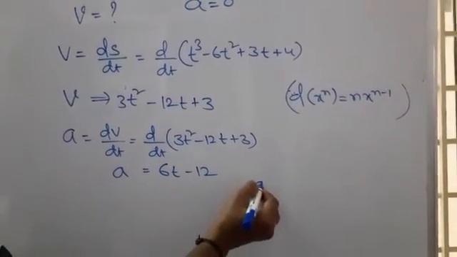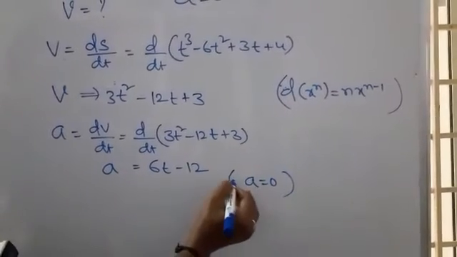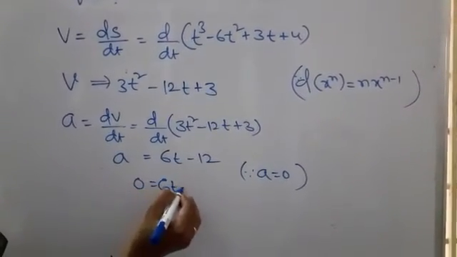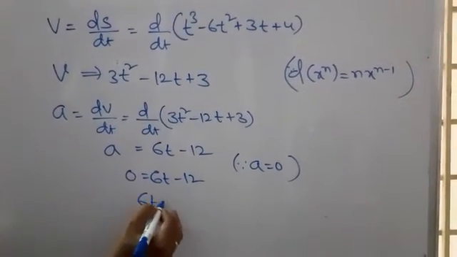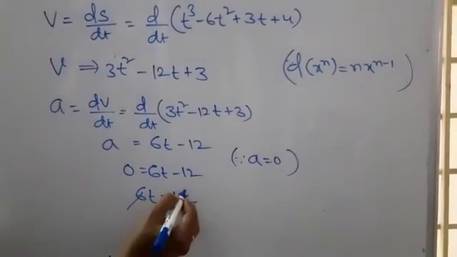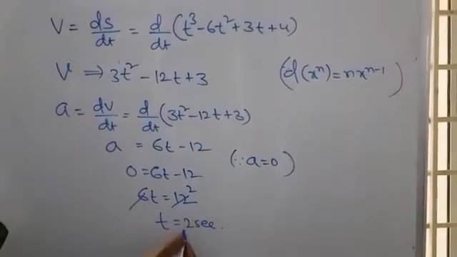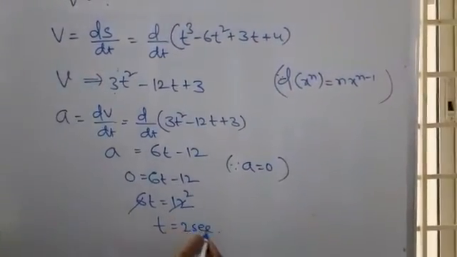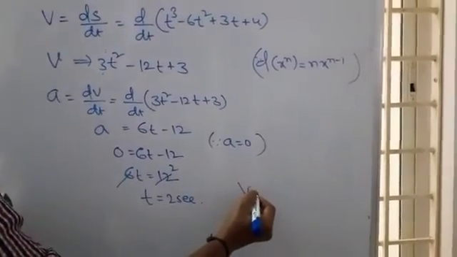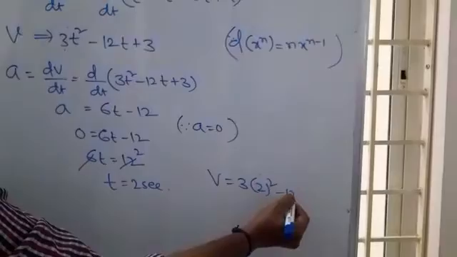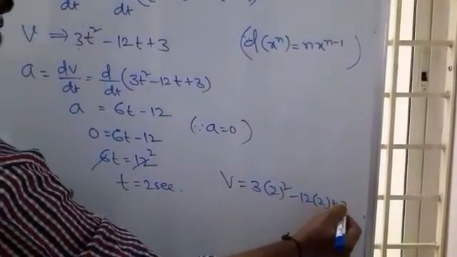When the acceleration is 0, 0 is equal to 6t minus 12. So 6t is equal to 12, and t is 2 seconds. Substituting this value directly into the expression, v is equal to 3 into 2 square minus 12 into 2 plus 3.